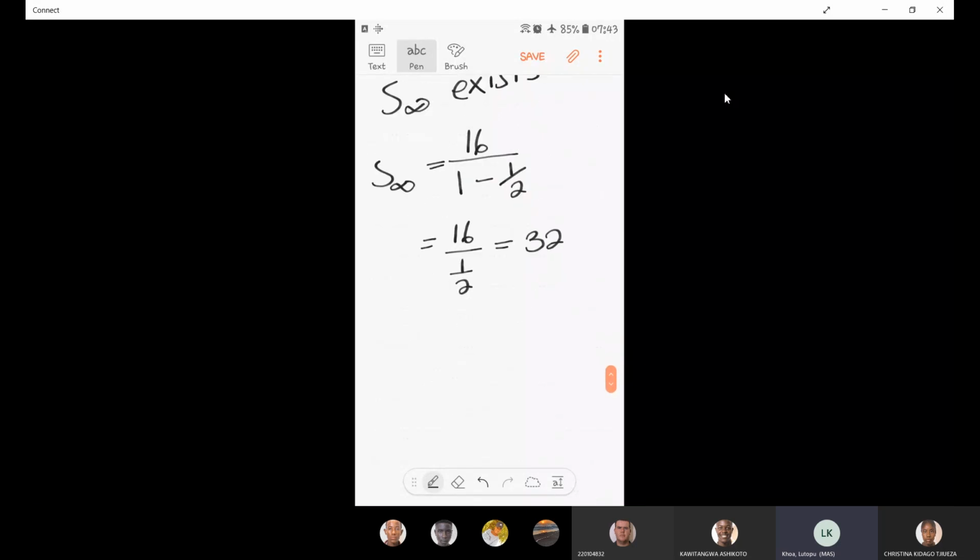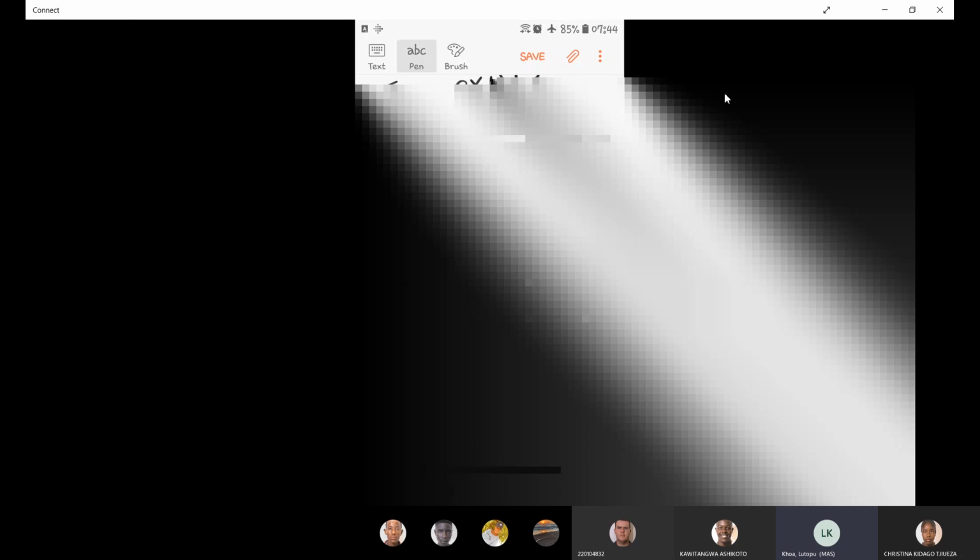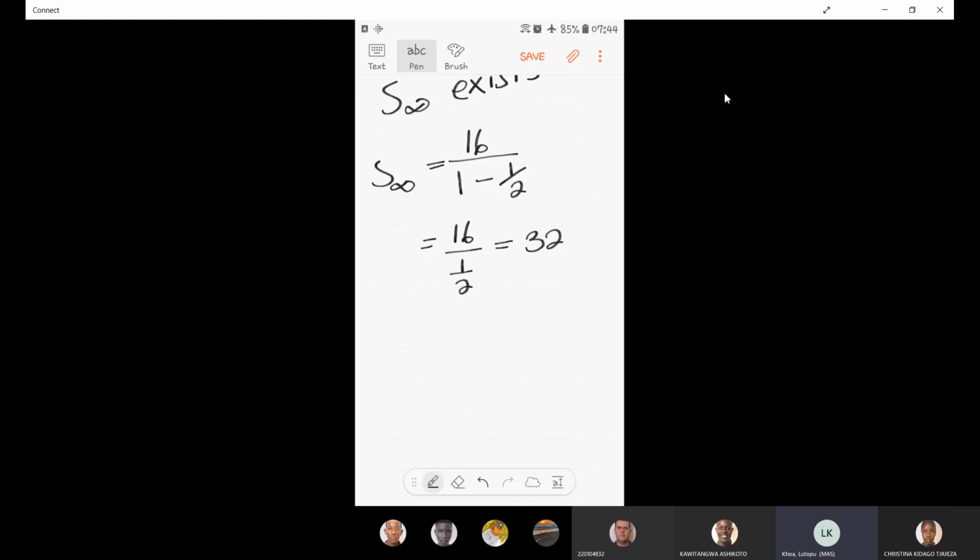So try it on your calculator. 16 plus 8 plus 4 plus 2 plus 1 plus a half. Even with 10 terms, I'm sure you can see this is getting closer and closer to 32. Then you can try using the Sn. Here you can set n to maybe 100.